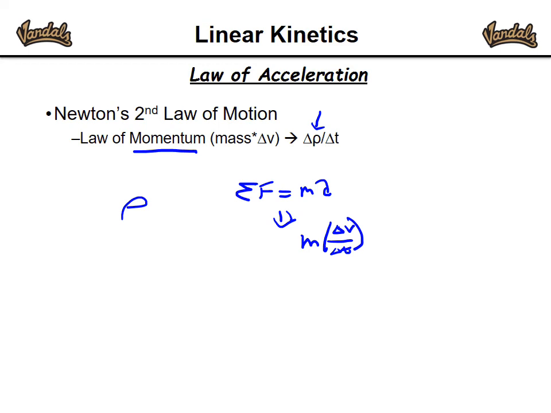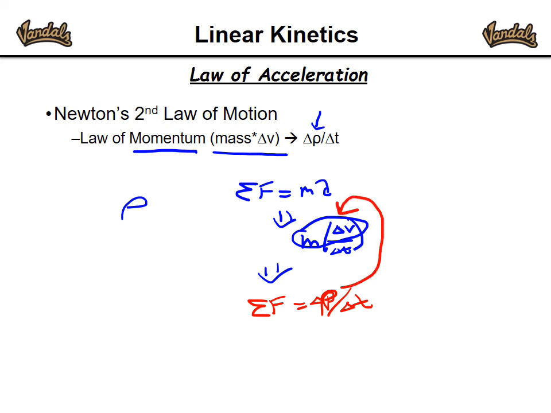Now, if I take this and I isolate mv, which is right there my mass times velocity, my new equation is sum of forces equals change in rho, which looks like a P, over change in T. So here is the law of acceleration, Newton's second law of motion, written as the law of momentum. It's sum of forces equals delta momentum, or delta rho, over delta T. And remember, delta rho is simply mass times delta V, or the momentum of the object.